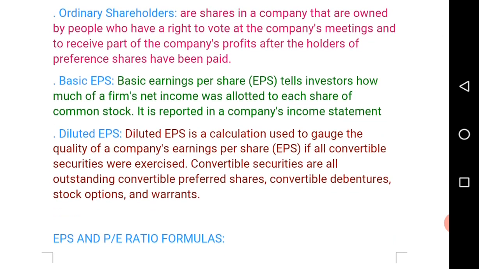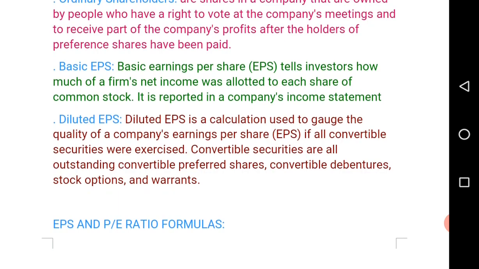Then we move over to the diluted EPS. Diluted EPS is a calculation used to gauge the quality of a company's earnings per share if all convertible securities are exercised. Convertible securities are all outstanding convertible preference shares, and we have examples here: convertible debentures, stock options, and warrants.